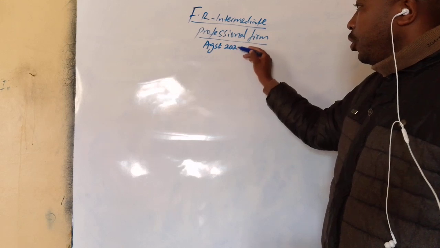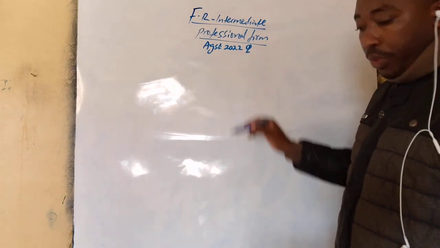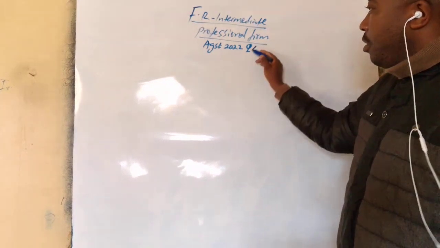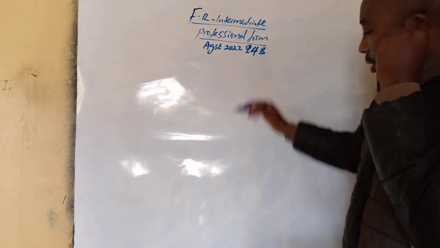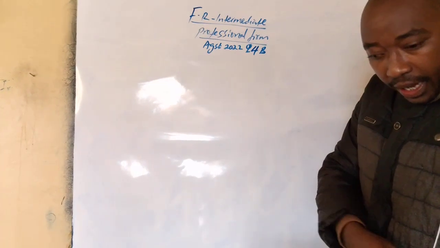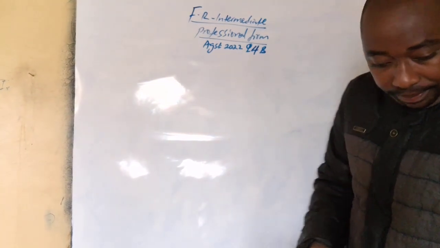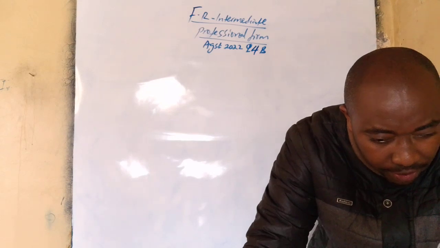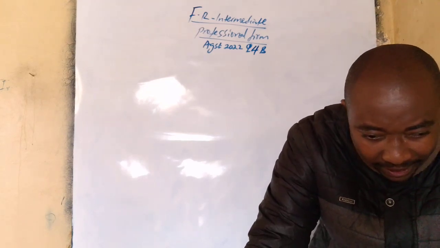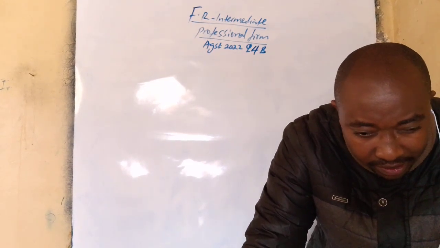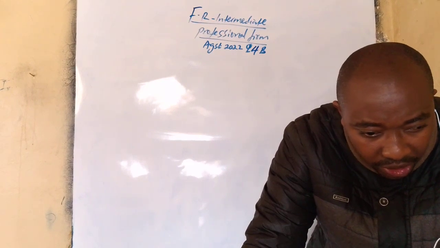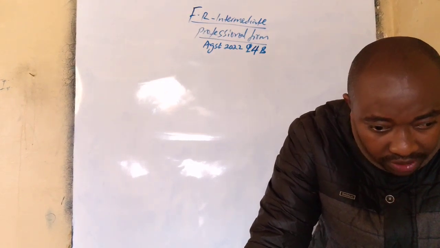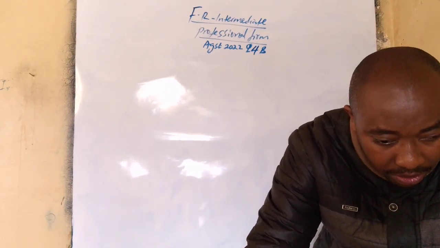And the question reads, S&M are advocates operating under the name SM Advocates. The firm's trial balance for the year ended 30th June 2022 is as shown below.